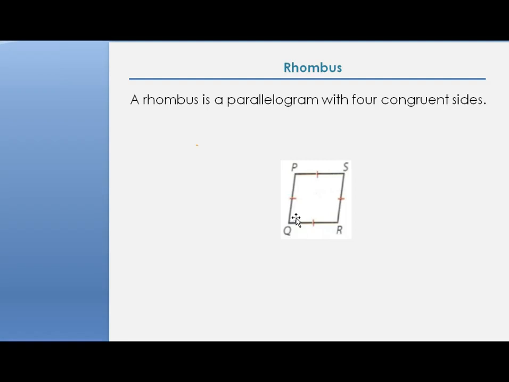So our 2 sets of opposite sides would be PS and QR, and then PQ and SR. Let me say that again. The opposite sides would be PS and QR. That's the first set. And then PQ and SR.